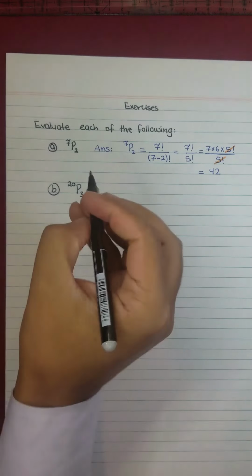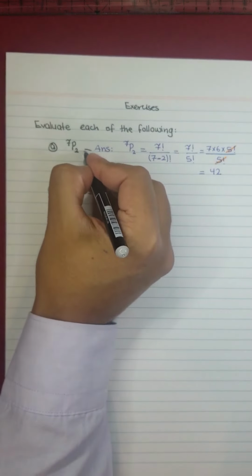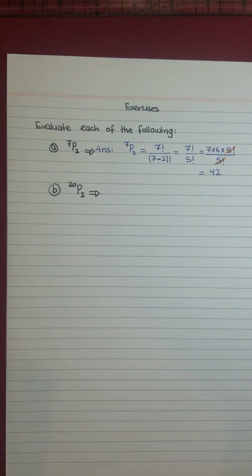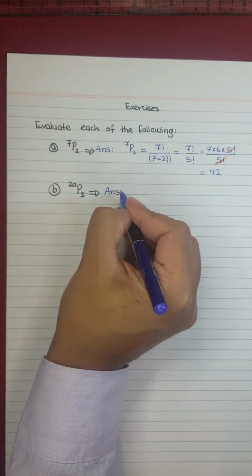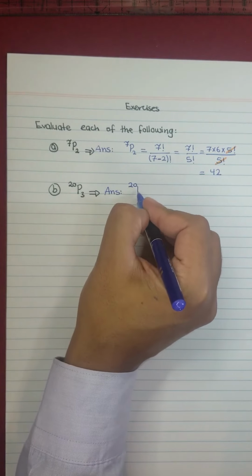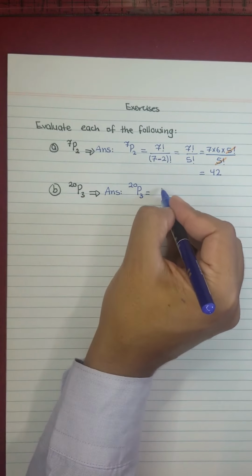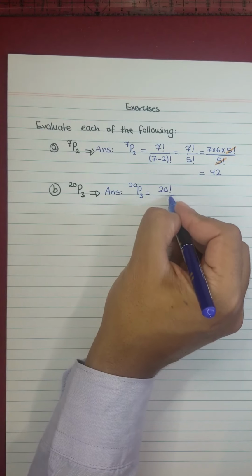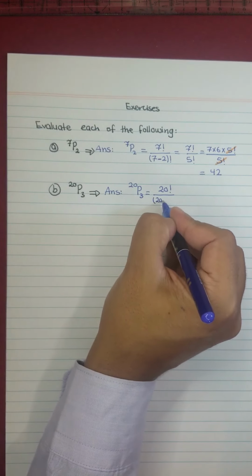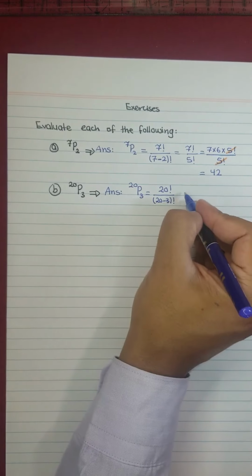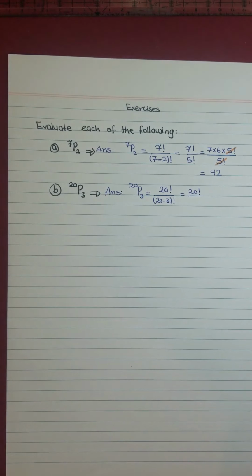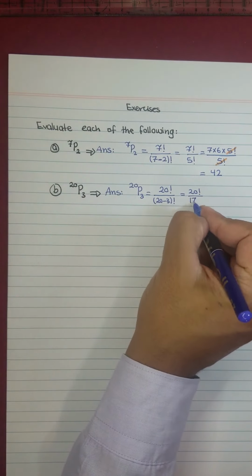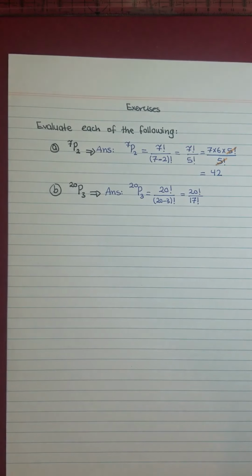The answer is going to be as follows. 20 permutation 3 equals 20 factorial over 20 minus 3 factorial. The 20 factorial stays as it is, and 20 minus 3 is 17, so 17 factorial.